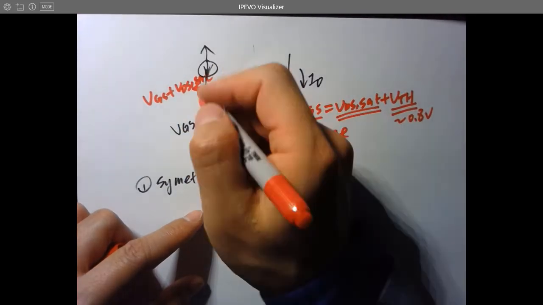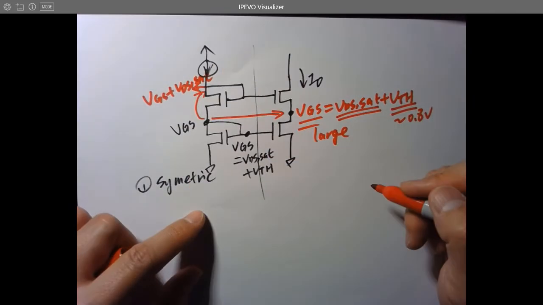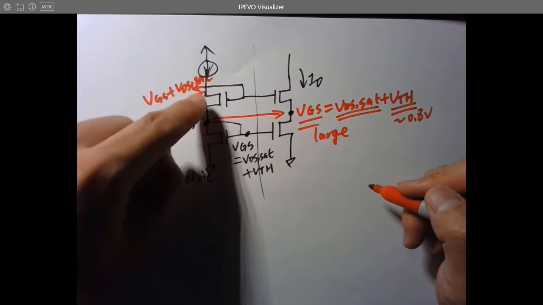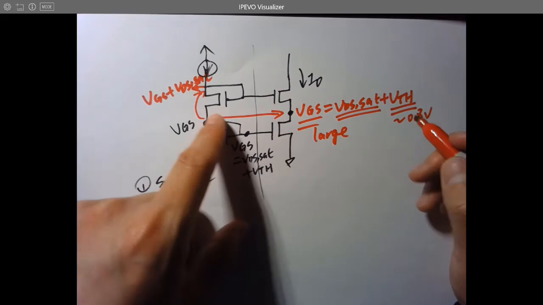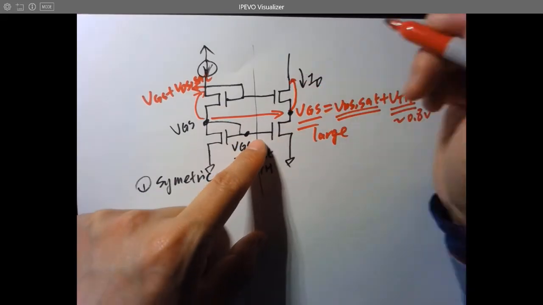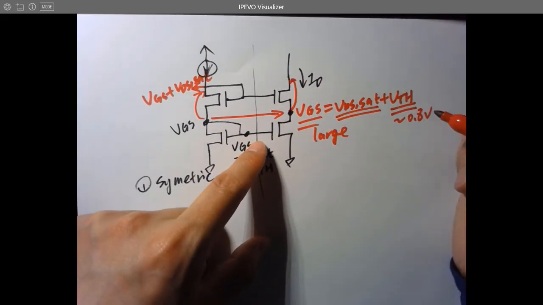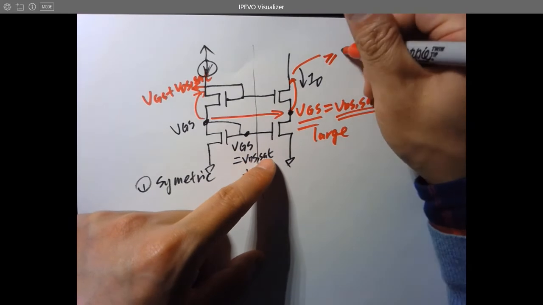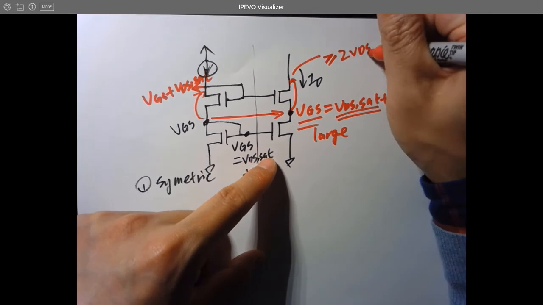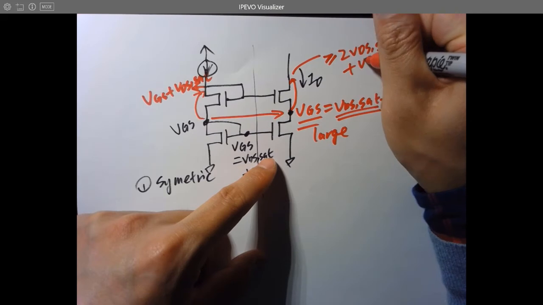No problem, you can just add one VDS set across this transistor to save your voltage. But you have to add the same voltage across this transistor as well, which gives you something large, at least 2 VDS set plus VTH.